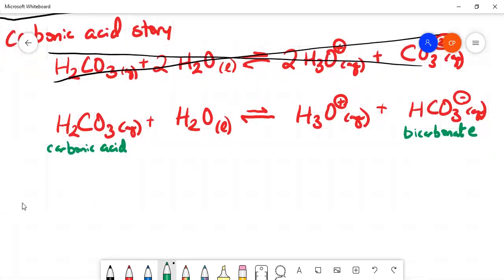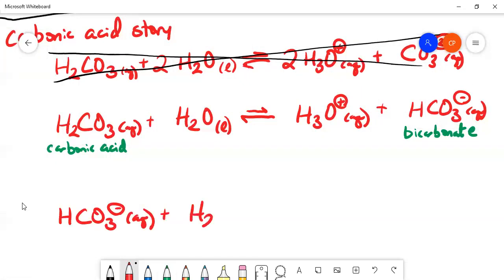But let me complete the dissociation here. Now I'm going to make that right-hand arrow very, very small this time, because the second dissociation is much more reticent than the first.